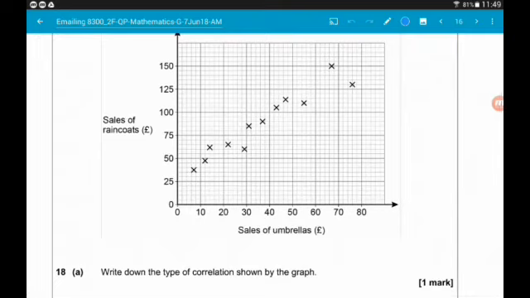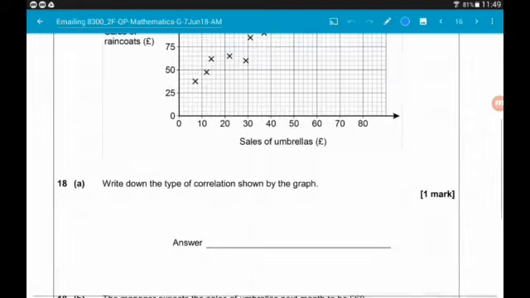We can see as the sale of umbrellas increases, so do the sales of raincoats. We're going up from left to right. So this is positive correlation.